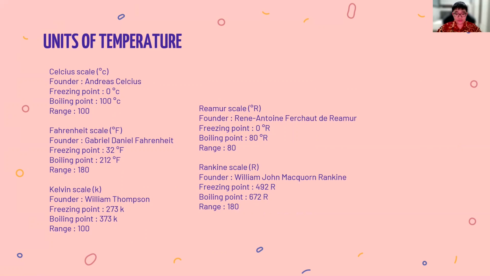And last, we have the Rankine scale, or R, which is founded by William John Macquorn Rankine. The freezing point of this scale is 492 R and a boiling point of 672 R, with a range of 180.